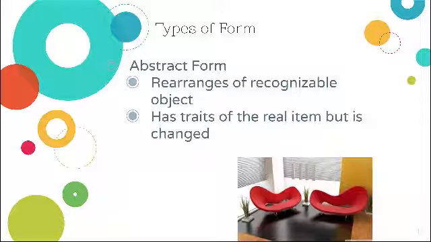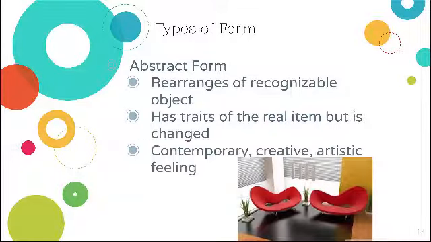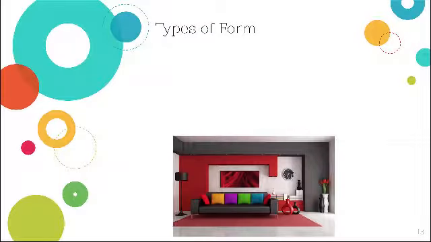It's got a back, it's got some legs, but it doesn't really have that recognizable couch shape. It's a more contemporary look. It's definitely associated with a more creative, artistic feeling to a room. Very different than your traditional realistic forms.